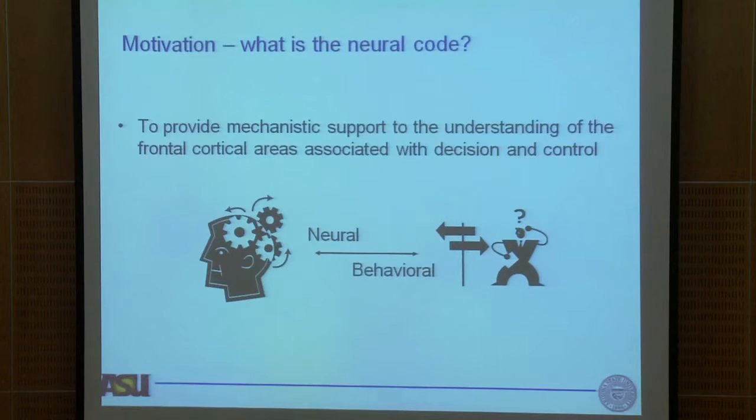Before we can answer that big question that everybody's trying to answer, we're still far from the answer. In my laboratory, I try to provide some basic fundamental studies and create some fundamental frameworks, so we can provide some mechanistic support to the understanding of the frontal cortex, not the entire brain, but part of the brain.